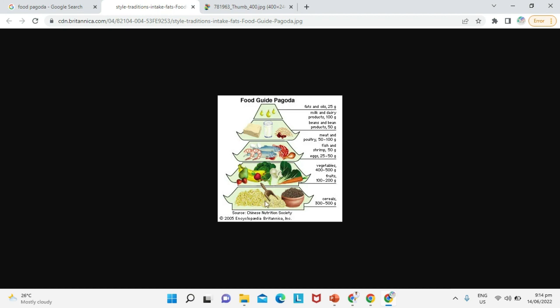Okay? So, both the bottom and top parts of the food guide are occupied by the go foods. And the second level from the base is occupied by the glow foods. Okay, the regulating foods. Okay, the foods that are rich in vitamins and minerals.